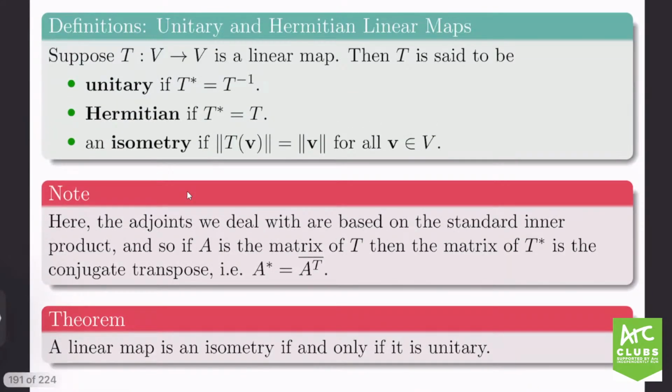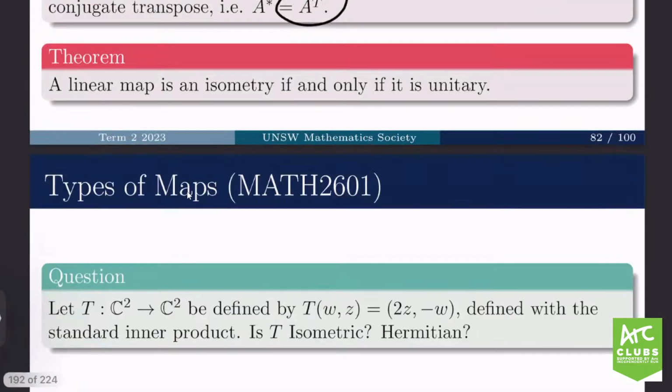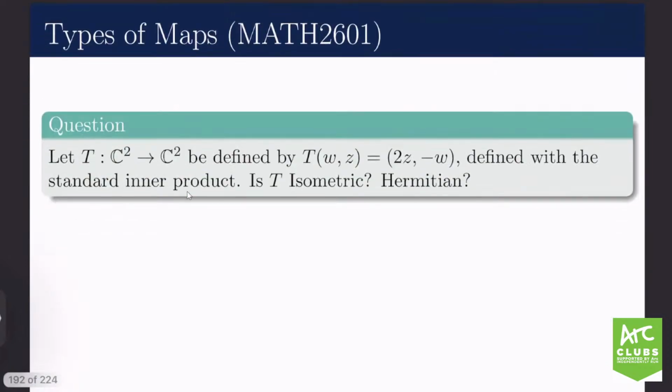Again, the adjoint of a complex matrix will be the conjugate transpose, okay? Now, we also have that a linear map is an isometry if and only if it is unitary, okay? So these will be useful in this question.